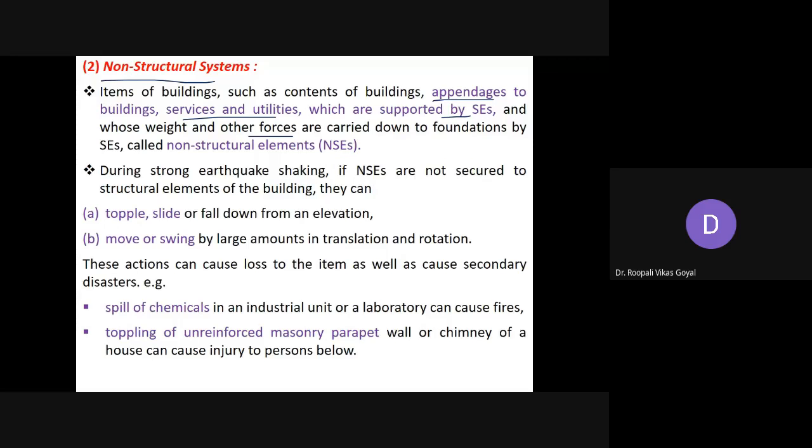Okay, so basically these non-structural elements are also important, because whenever there is earthquake shaking and if these non-structural elements are not secured properly to the structural elements, structural elements के साथ properly वो connected नहीं है, so it may topple down, it may slide down, it may fall down.